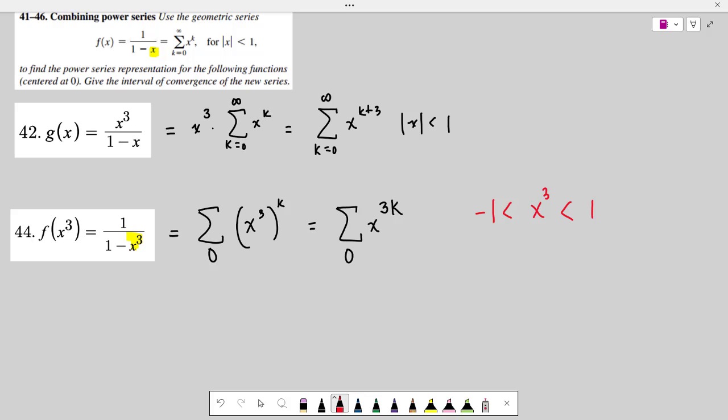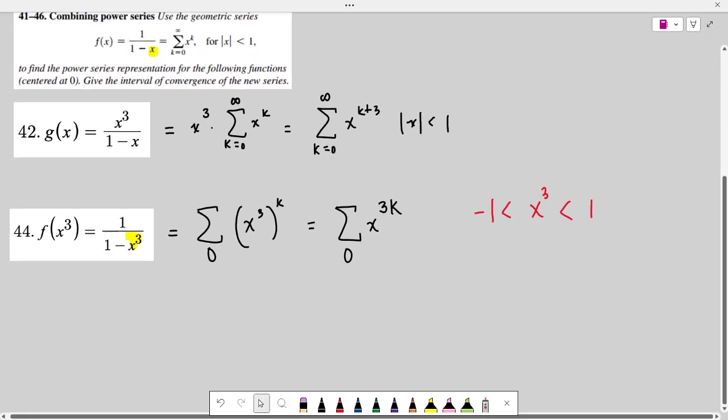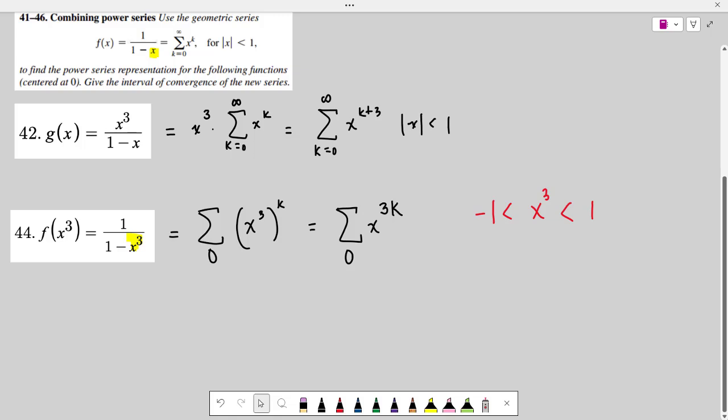How are you able to rewrite 1 over 1 minus x cubed to just be x cubed? We're writing it as an infinite series. We're replacing the x here with x cubed. So this is the power series for just an x being down here. If we replace this x right here with x cubed, then we also replace this x with x cubed.